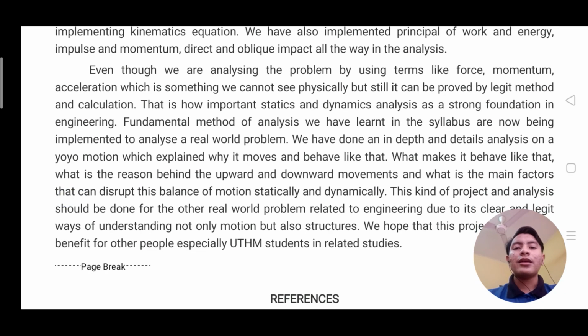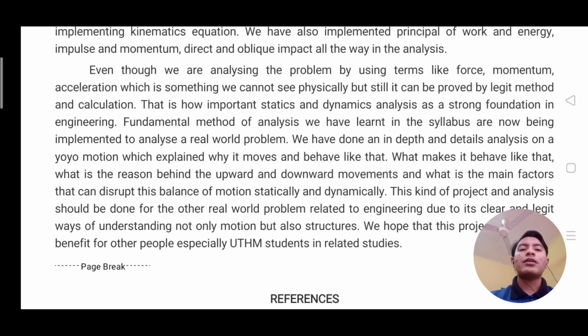And from there, the objective of this project and analysis has been achieved. Even though we are analyzing the problem by using terms like force, momentum, acceleration, angular velocity, which we cannot clearly see physically, it can be proved by legit methods and calculation. That is how important statics and dynamics analysis is as a strong foundation in engineering studies.